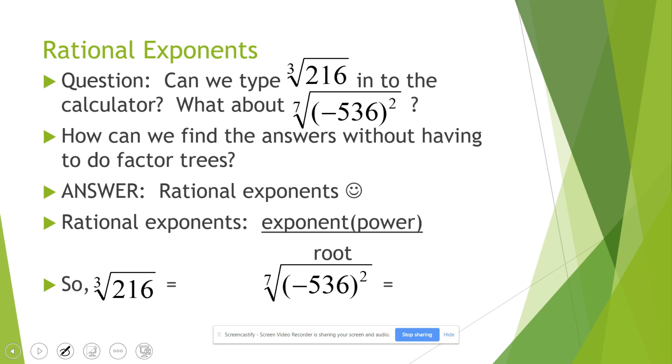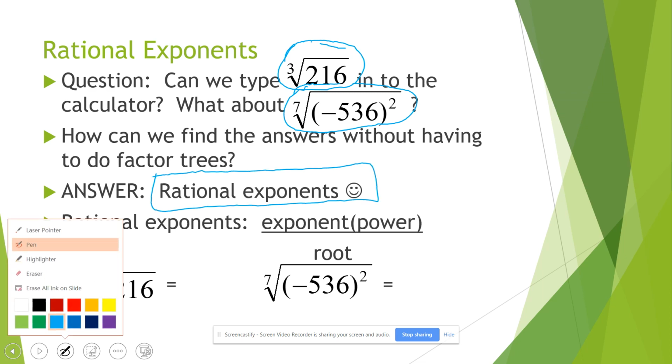So, rational exponents. Can we figure out how to type the third root of 216 into the calculator? Because I just am not sure that I'm going to be able to figure that out on my own. What about the seventh root of negative 536 to the second power? Well, there is a way, and it's by using rational exponents.